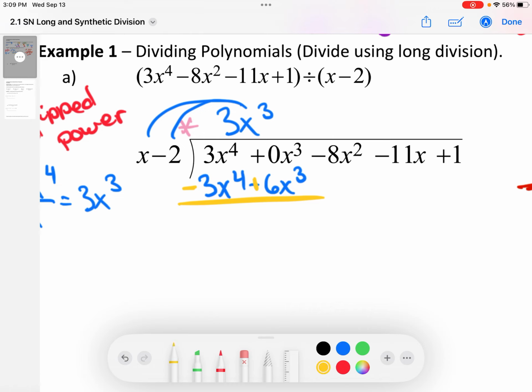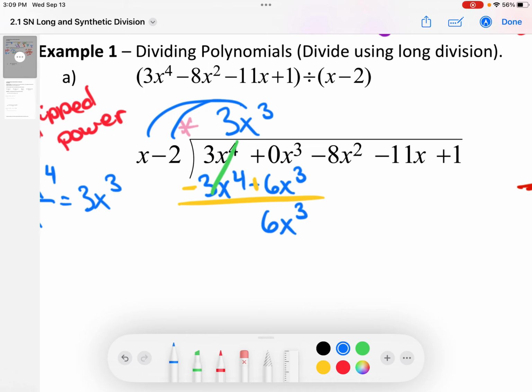Now, what should happen every single time is this first term should zero out. If it doesn't, there's a mistake in there somewhere. So, doing the combining, first term zero out, 0x to the third plus 6x to the third just gives us 6x to the third.